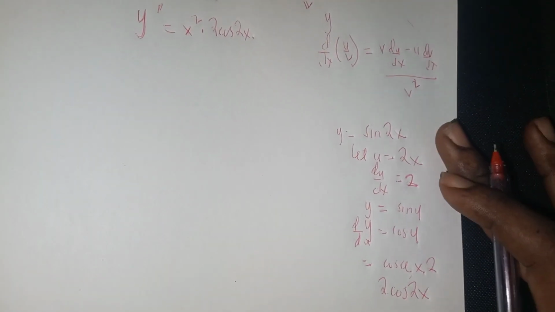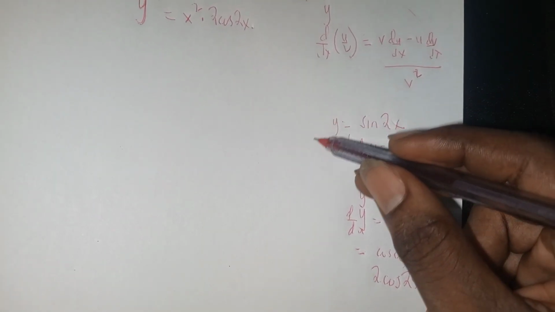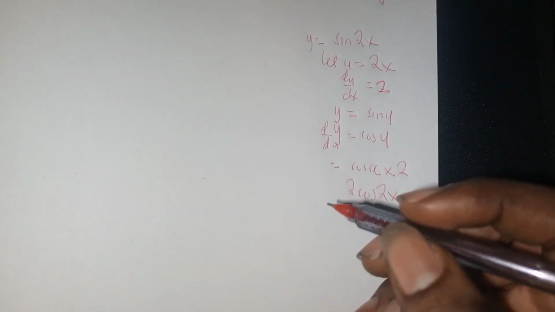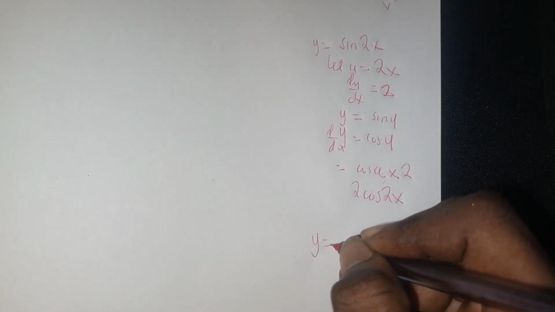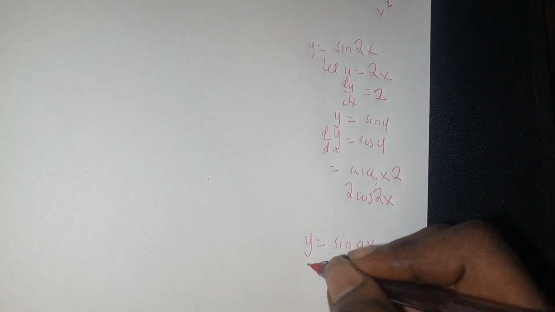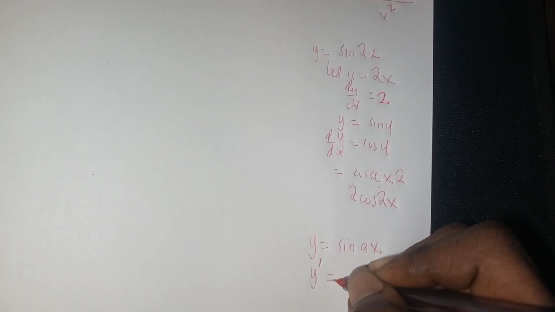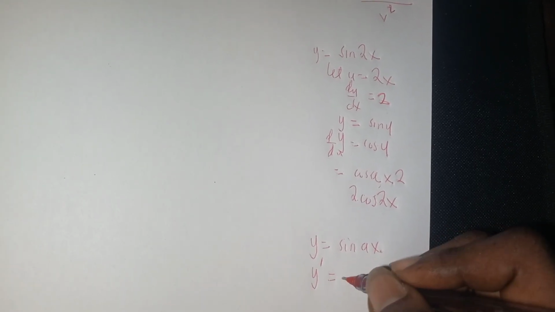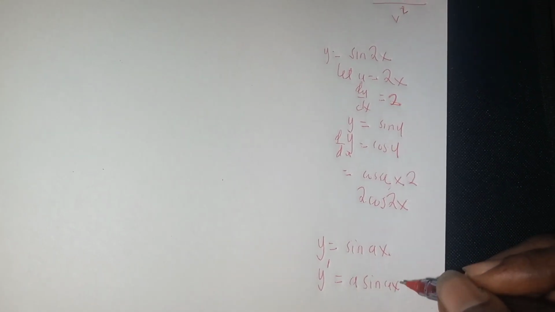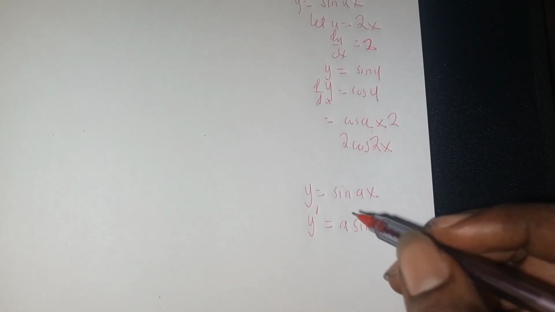So you can see that a simpler way of getting this is if you have y is equal to sine ax, the derivative is the same as a cos ax. Okay, it also works for other trig functions.